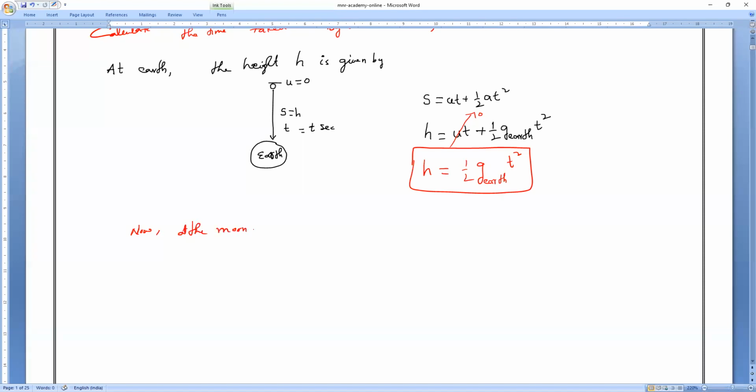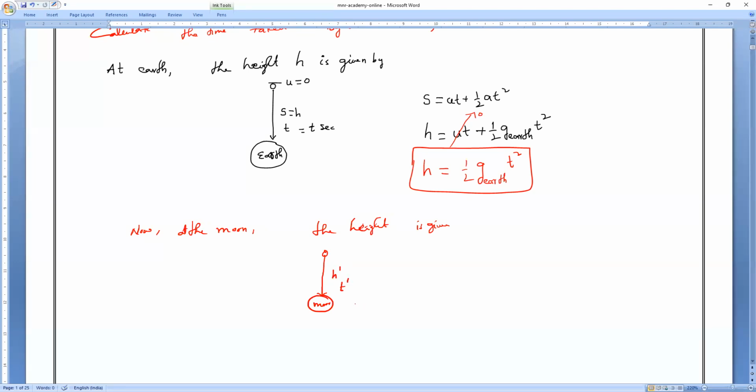At the Moon, the height is given. Instead of h, I am taking h dash, and the time taken is t dash.